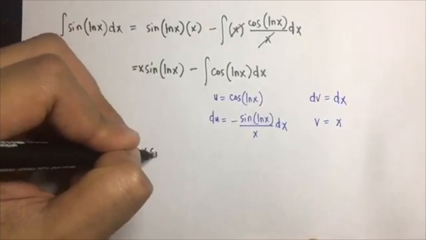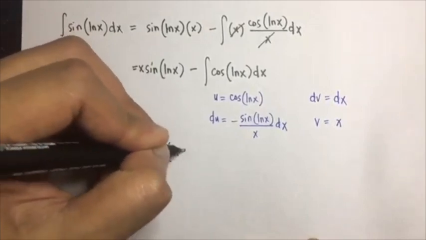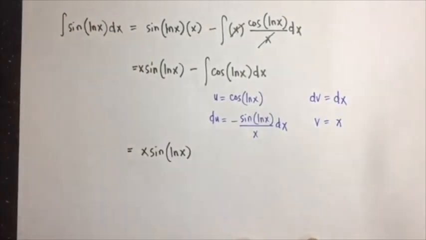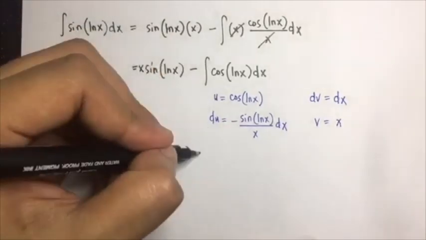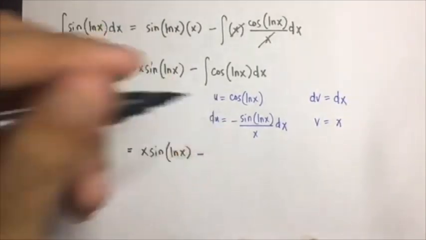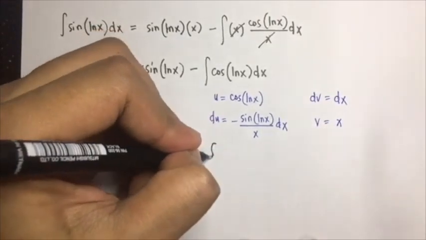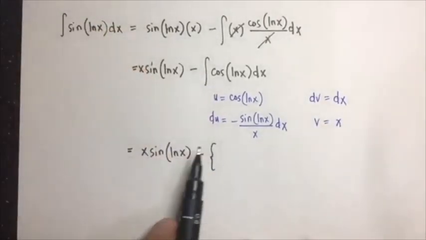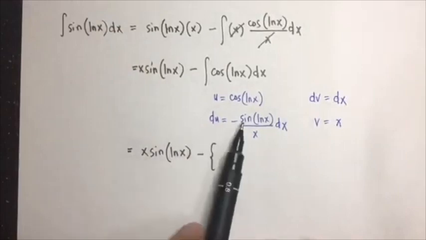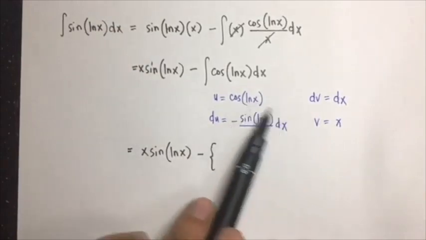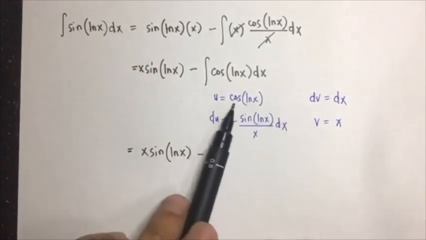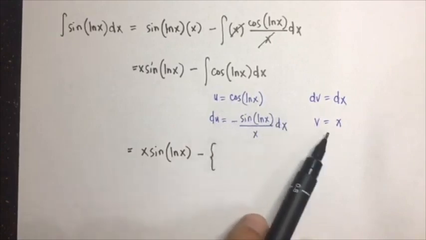So this will become x sine of ln of x, and then minus, we can use curly braces because I think we'll be using brackets later, uv minus the integral of v du.